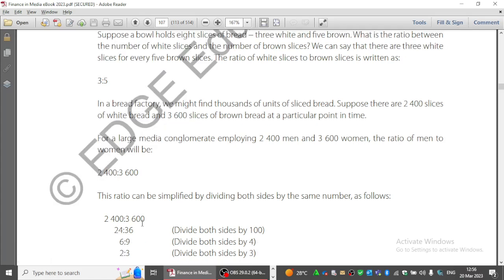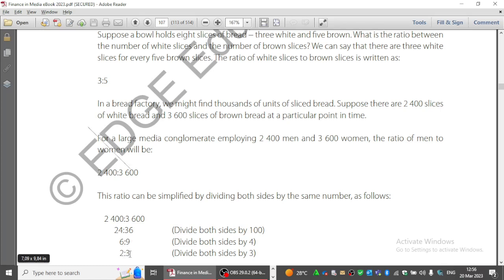For this one, we know they are both in hundreds, so we can divide by 100 and see the lowest values, which will be 24 to 36. And 24 to 36 can still be simplified. You can either use 12, which gives you 2 to 3 straight away, or you can use 4. If you use 4, you get 6 to 9, and from 6 to 9 you can simplify it again to 2 to 3.